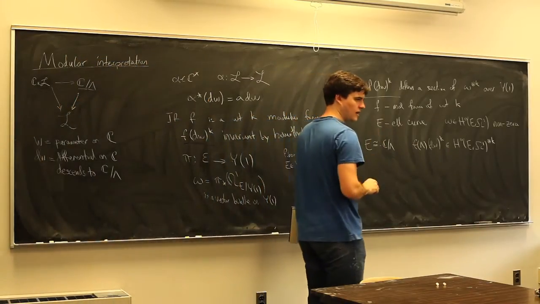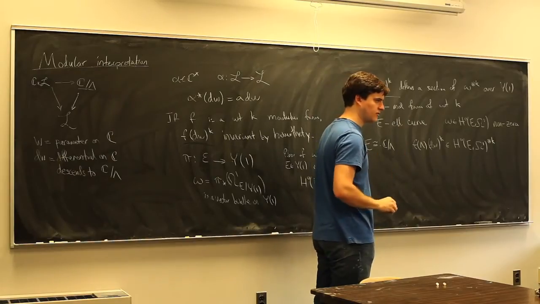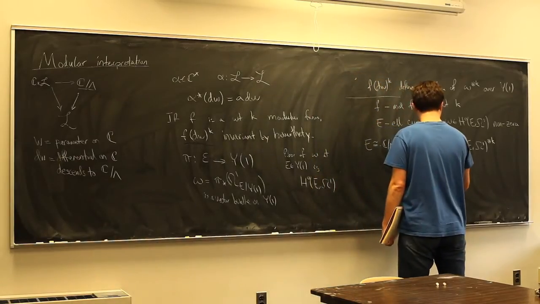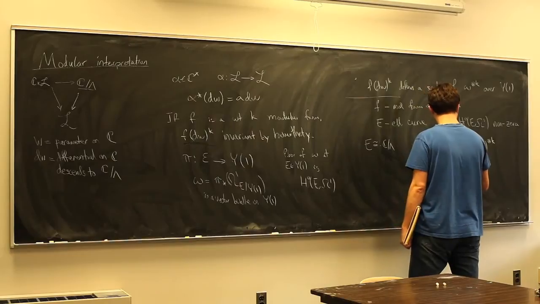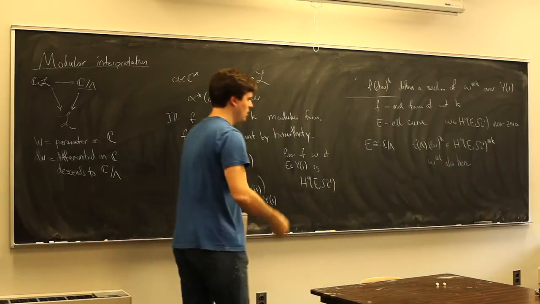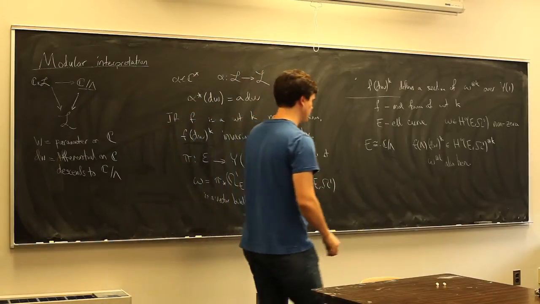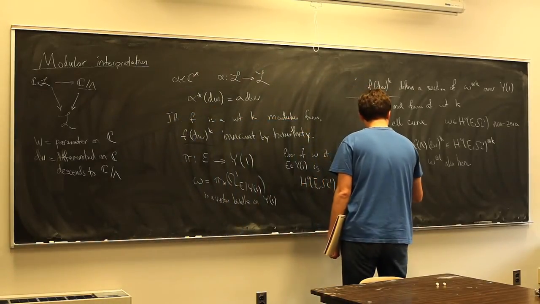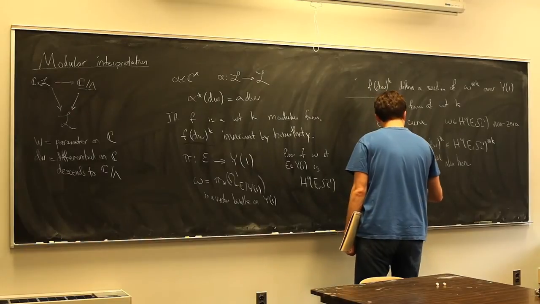On the other hand, there's another element that we have in there, which is the kth tensor power of this omega that we've picked. And this is a one-dimensional space. So the first thing is just some multiple of the second. So I'm going to define F of E, omega to be the quotient.